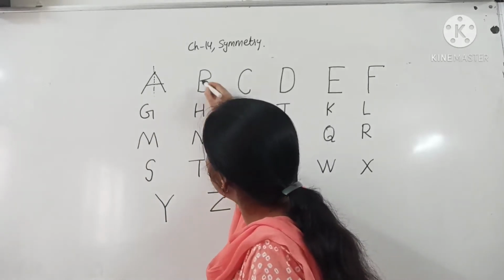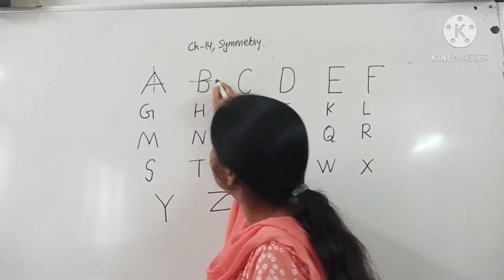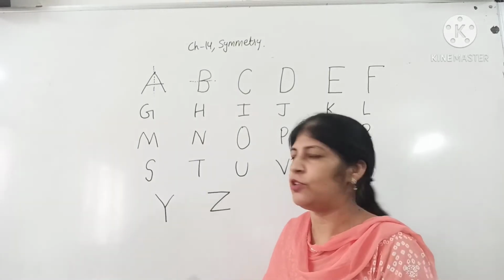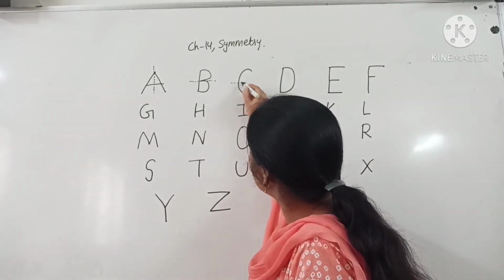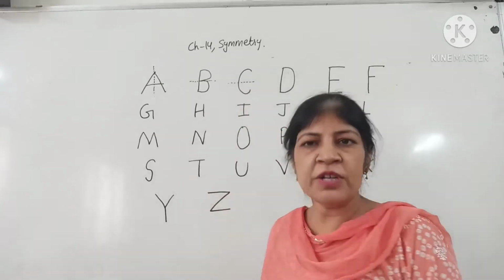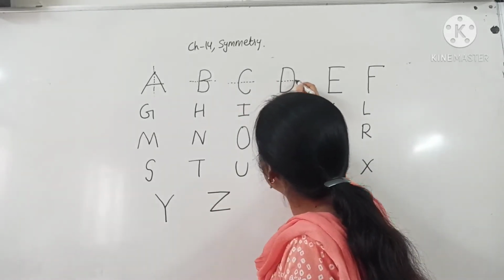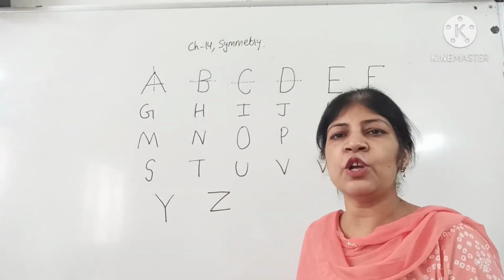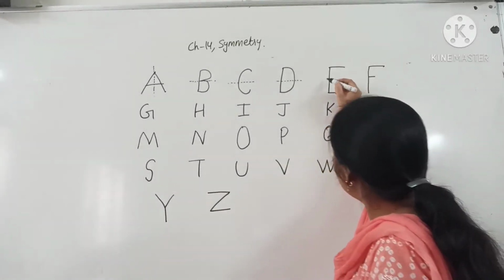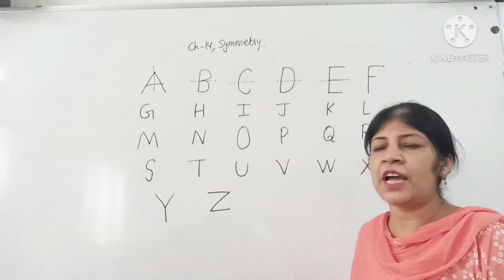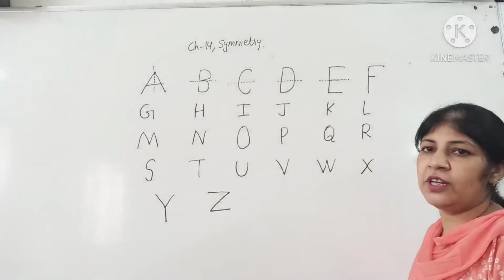Now in B, yes, horizontal line of symmetry, and it has one line of symmetry. C also has horizontal line of symmetry. D also has horizontal line of symmetry. Now E, even E also has horizontal line of symmetry.